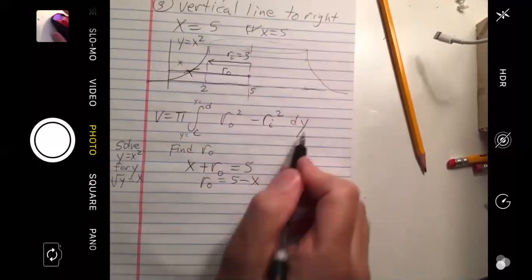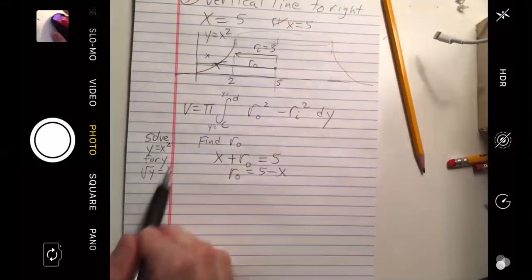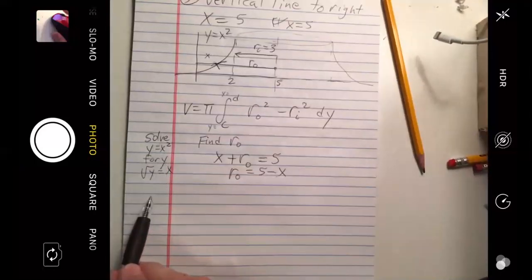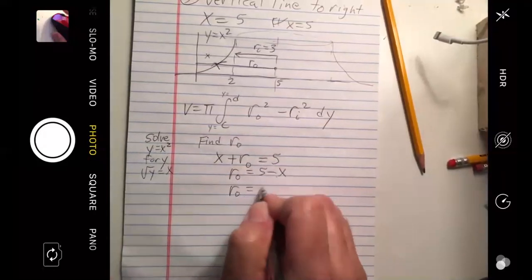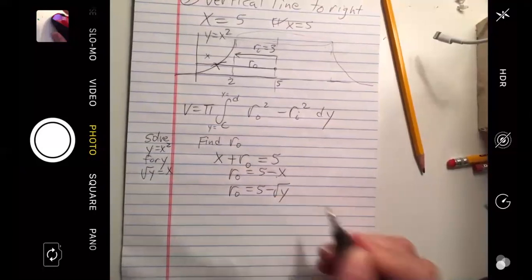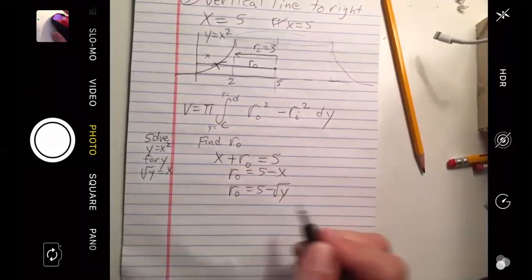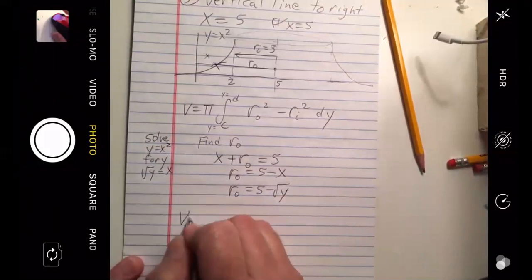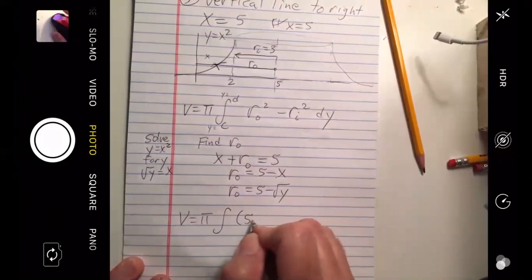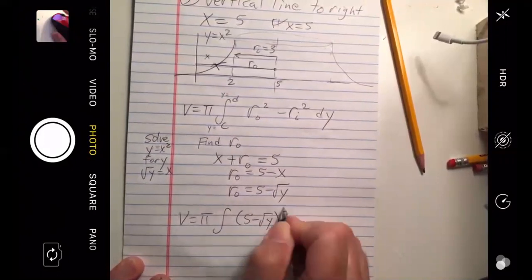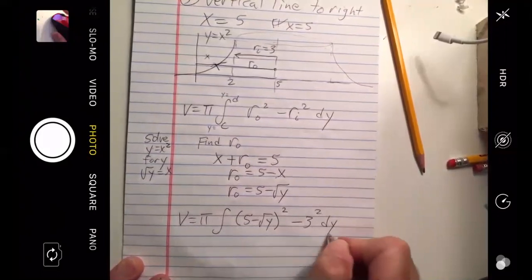Can't use x, it's a dy integral. What is x? That's why I did this. x equals the square root of y. So r outer is 5 minus square root of y. Plug and chug, pi integral 5 minus square root of y squared minus 3 squared dy.